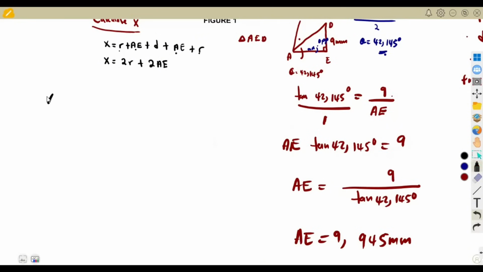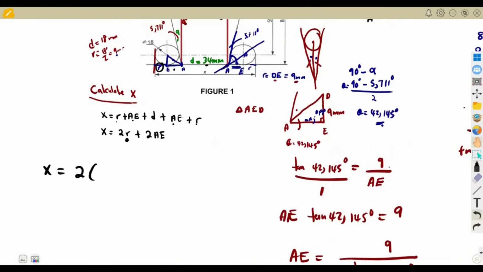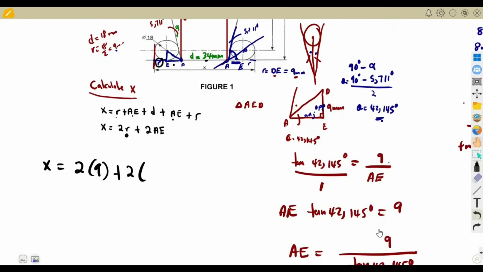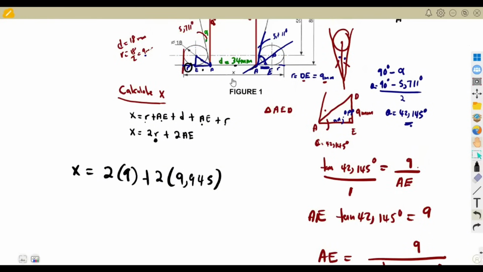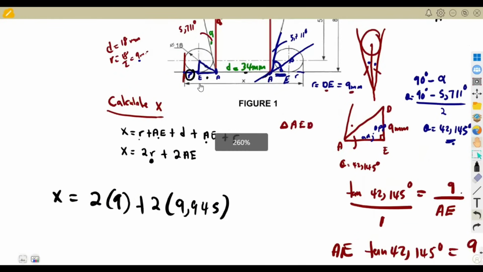Our X, like I said from our formula, is 2 times the radius, which we know is 9 millimeters, plus 2 times AE, which we calculated as 9.945. I hope you still remember where I explained the 2AE concept, that they are the same.